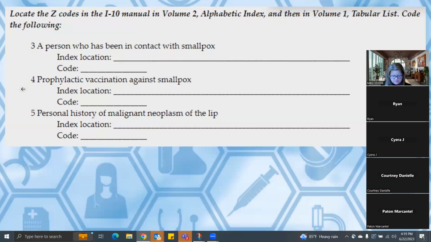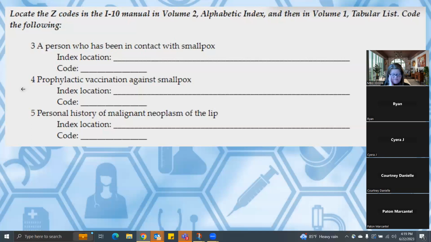All right, so if you look at Z85.8, if you follow it down and get there, it says personal history of malignant neoplasms of other organs and systems. They list all the major stuff, and then they have other organs and systems. And the first one, Z85.81, is personal history of malignant neoplasm of the lip, oral cavity, or pharynx.